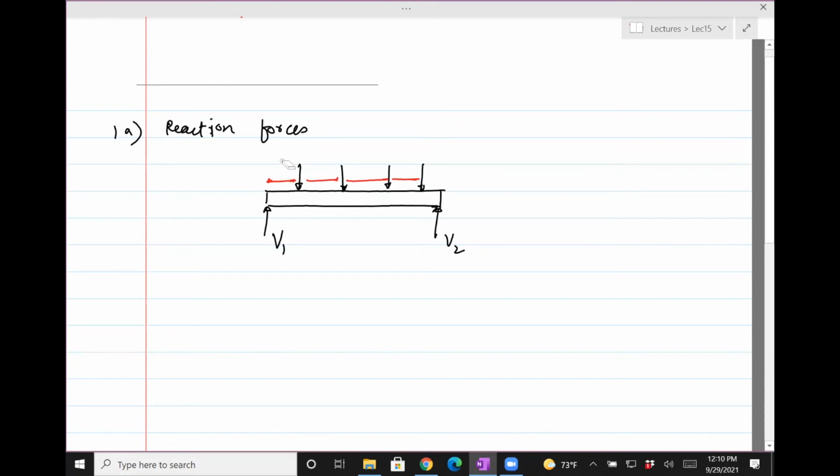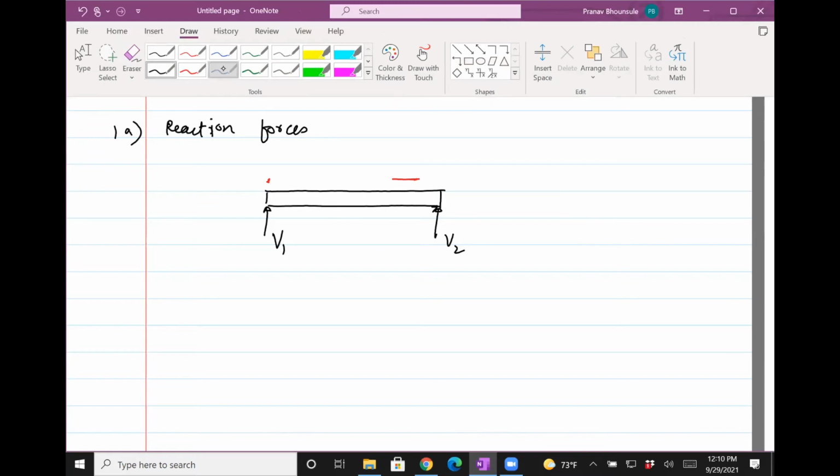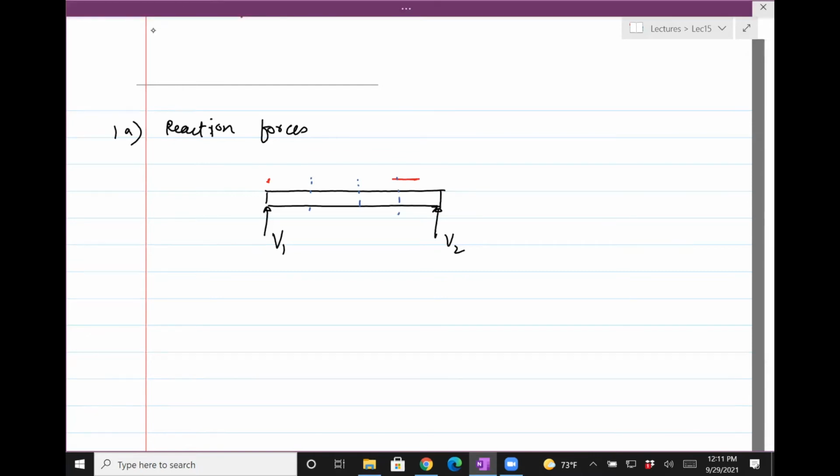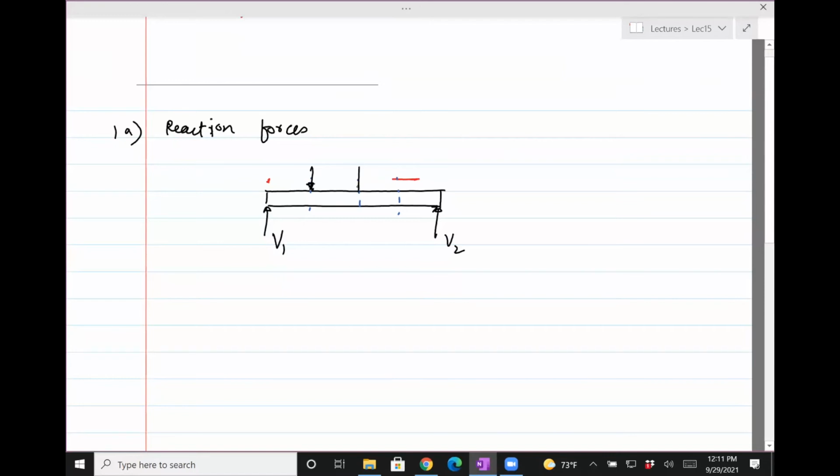I drew not too many forces, my bad, I'm sorry. So the distances are 2, 3, 2, 2, 3, 3.